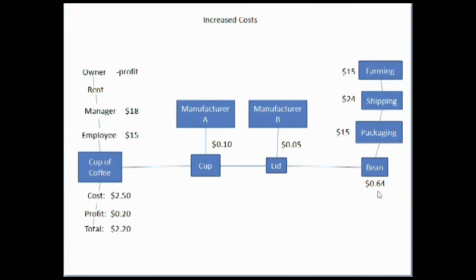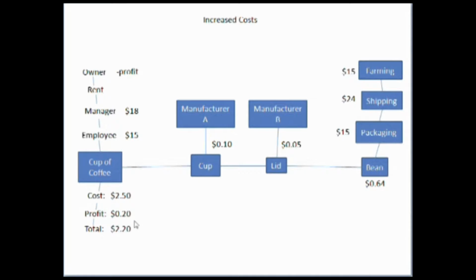Manufacturer B, because they have a similar stack of people, their price of the lid goes up to 5 cents. Manufacturer A for the cup goes up to 10 cents. And the coffee house now has to pay their employee $15 plus the additional cost of the cup, the lid, and the bean. And so it's now $2.50.